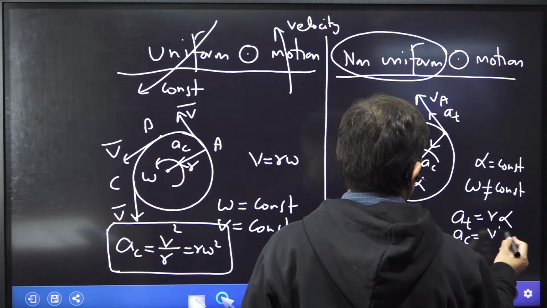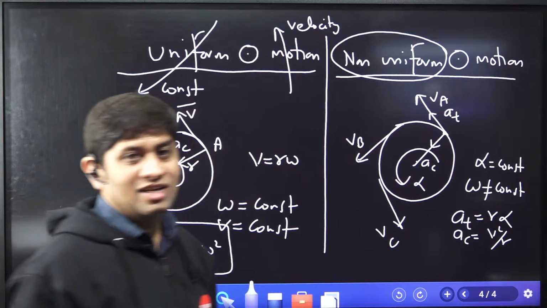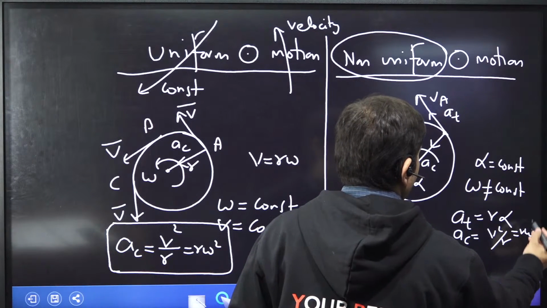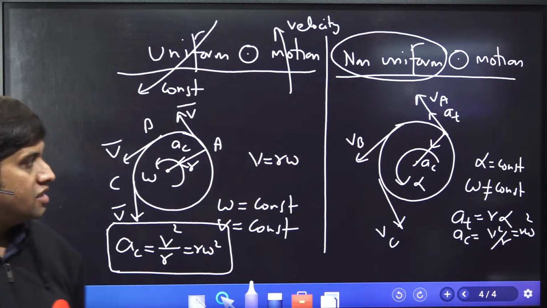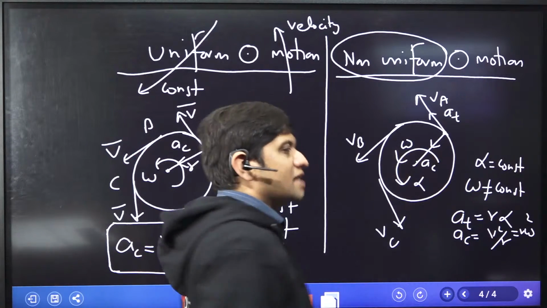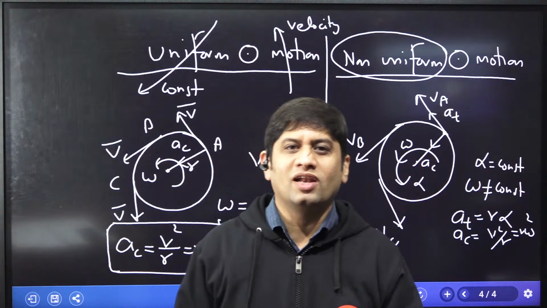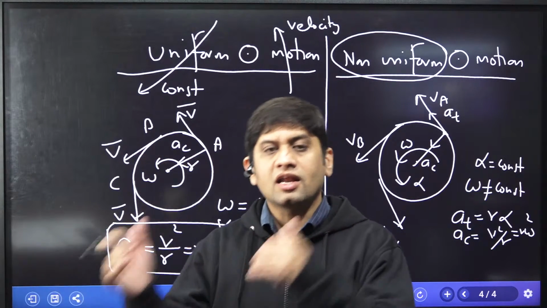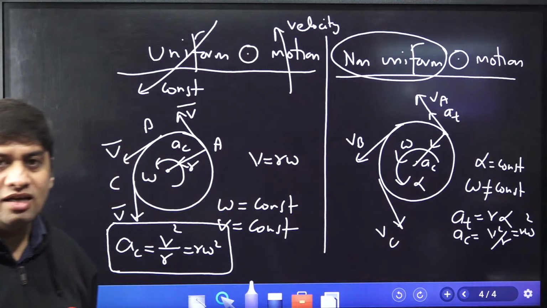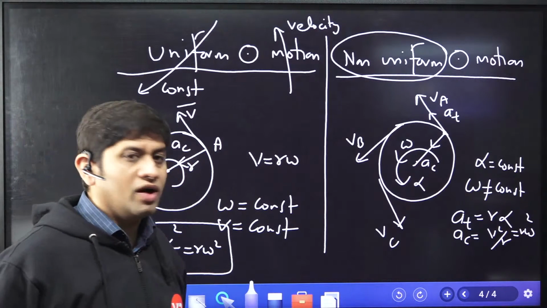What is that? V square by R or R omega square. तो अगर उसने आपको omega भी दे रखा है, alpha भी दे रखा है, he will give you omega also, he will give you alpha also. Omega is not constant, but at a particular position omega की value can be there. So omega is there, alpha is there. Hence we have R omega square, that is centripetal acceleration, and R alpha, tangential acceleration.